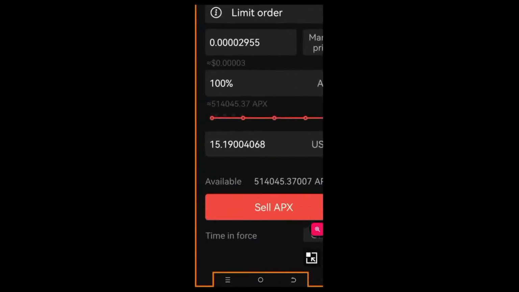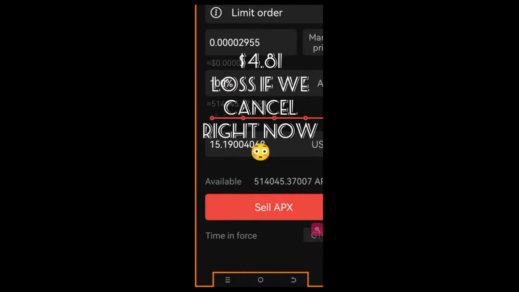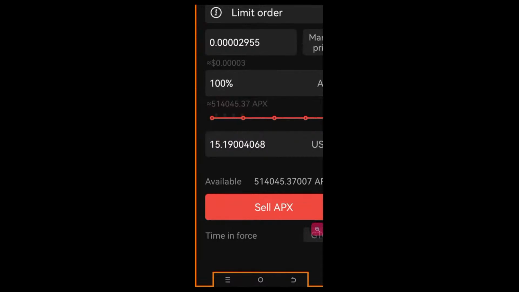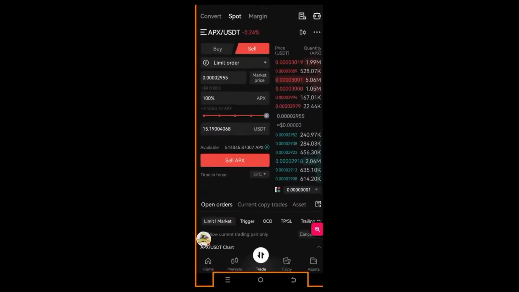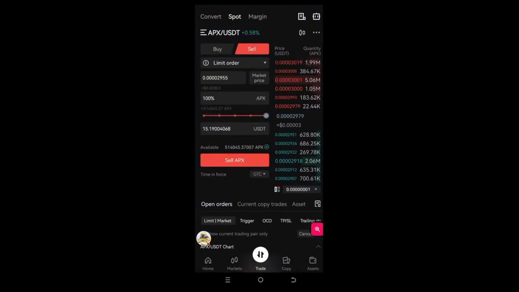This is it, $15.19. That is the value of what we have right now. We're neck deep into a loss of $4.81, and this is not funny at all. So I'm not going to sell, definitely. I'm just showing you so you know how much we've lost currently.